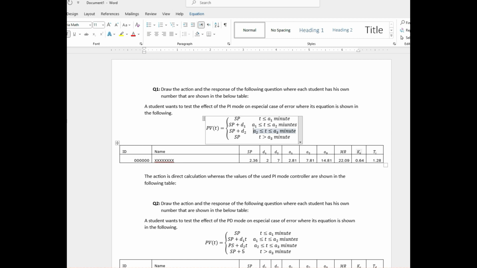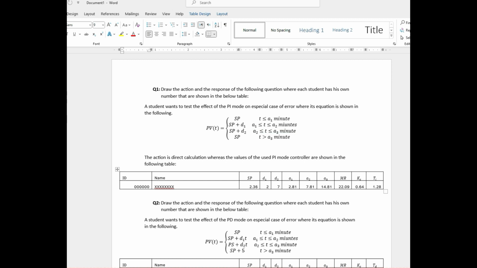Then he gave me a KC, with this MR, manual reset, this KC and this integral. The action is direct calculation, and the values if you use a PI mode controller are shown in the following tables. This table is already given here. It should be here, this table, by the way.